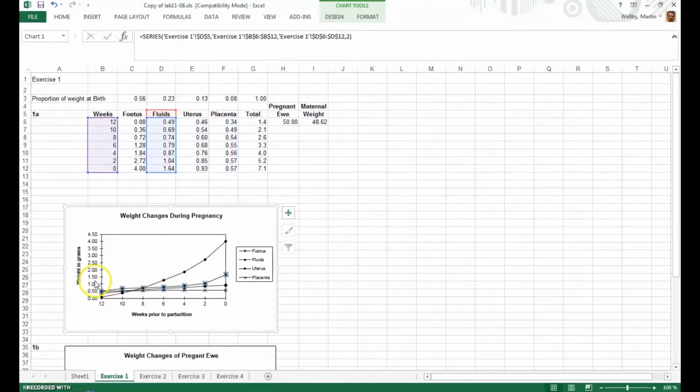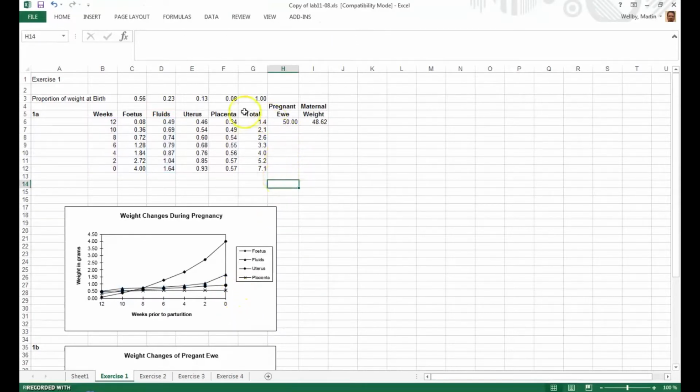So basically what it's saying is that the fetus grows dramatically in that last half of the pregnancy, whereas all of the other components have done most of their growth earlier on. So the fluids and the uterus and the placenta not increasing that dramatically in that last half of the pregnancy.